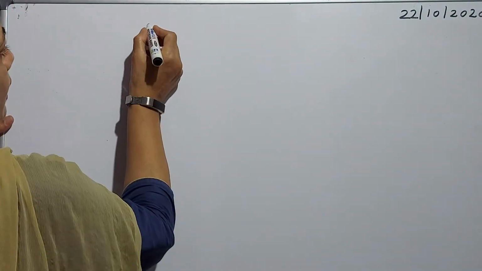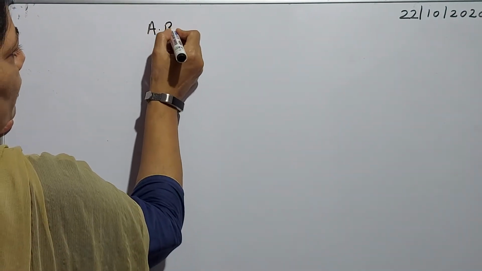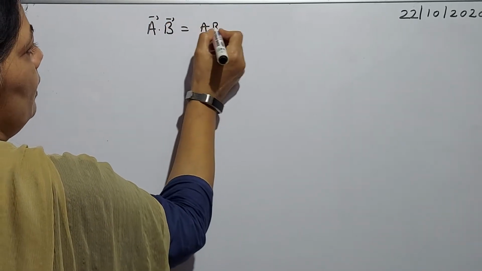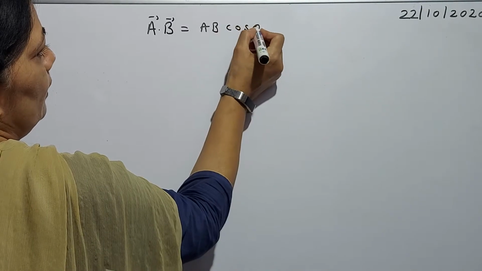See, last lecture we have discussed what is dot product and cross product, or a scalar product and a vector product, correct? We have defined that a dot product A dot B is equal to AB cos theta, correct?